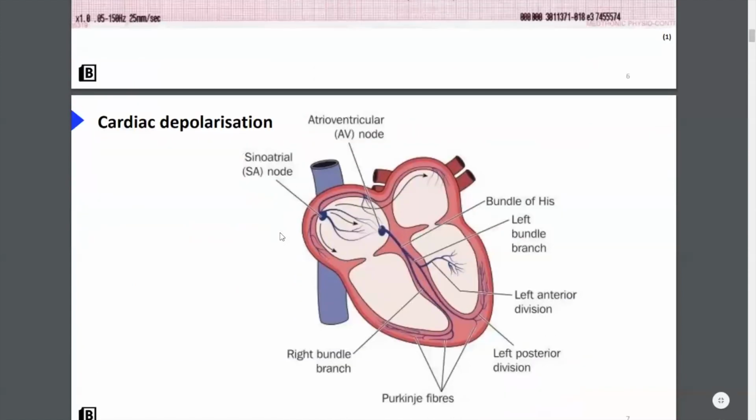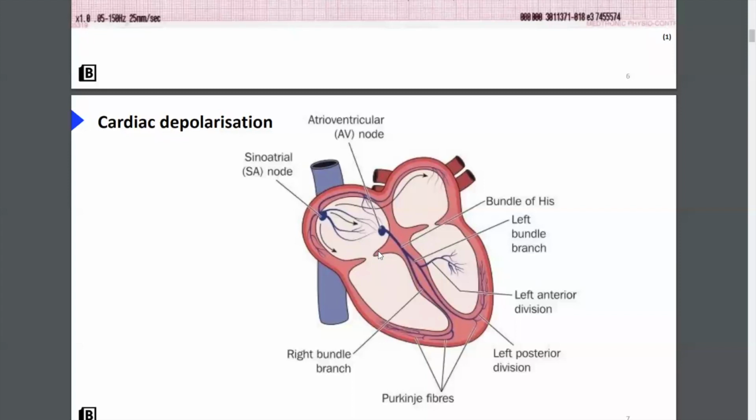Cardiac depolarization, how does it work? Going back to even A-level biology, we have the sinoatrial node, and that triggers the cardiac depolarization. It's the pacemaker of the heart. Inbuilt, the heart sets its own rhythm. You send out waves of depolarization across the atria, and they eventually converge at the atrioventricular node.